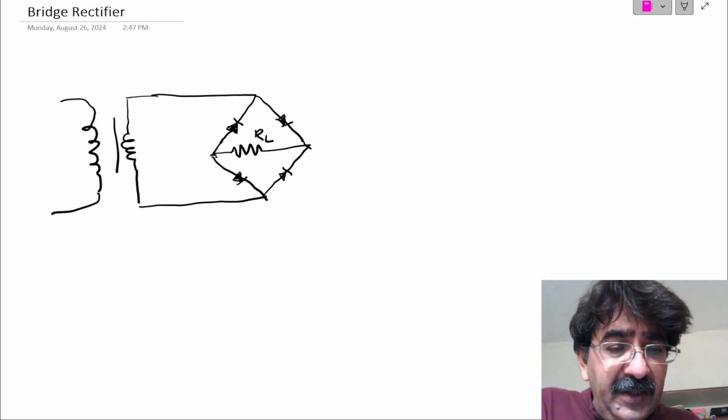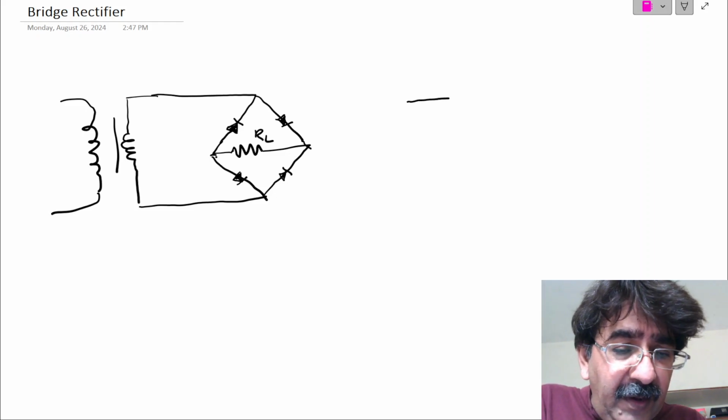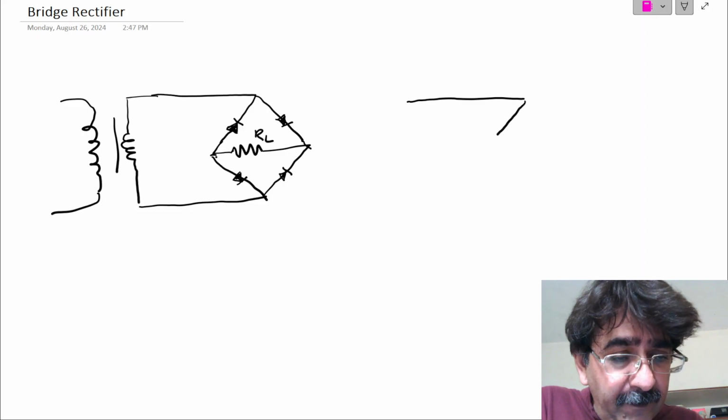The other equivalent diagram is this. The other circuit is this.